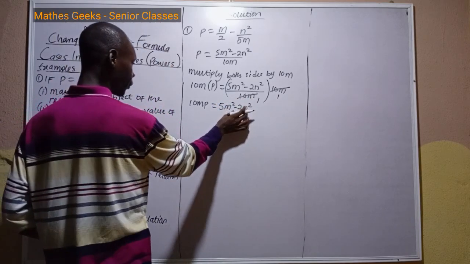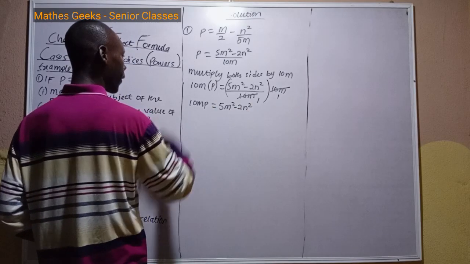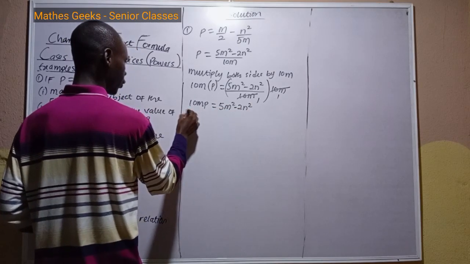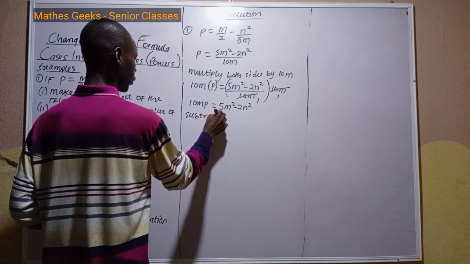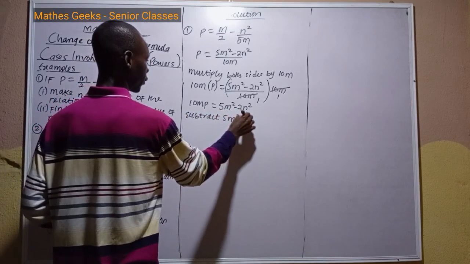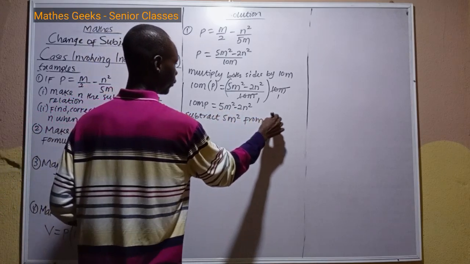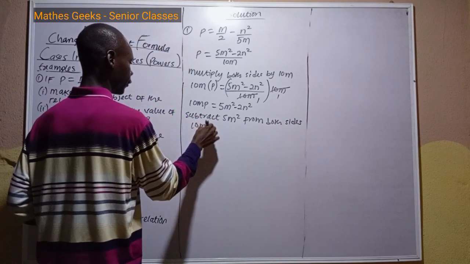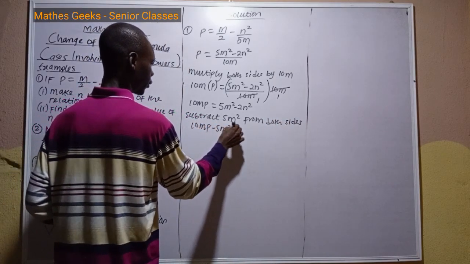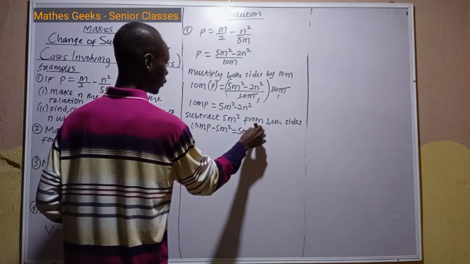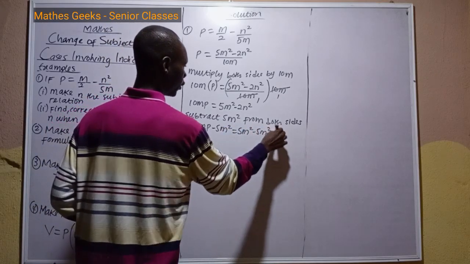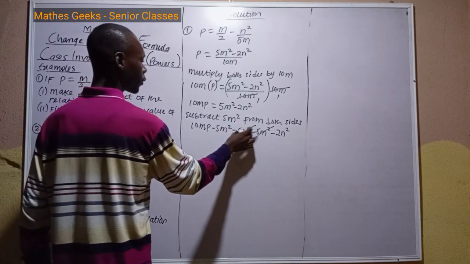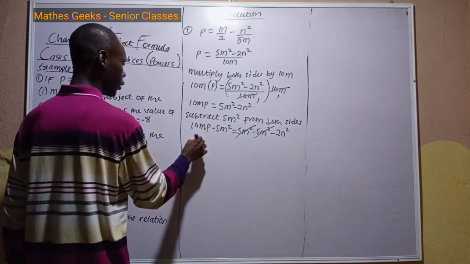Now subtract 5n squared from both sides: 10n p minus 5n squared equals 5n squared minus 5n squared minus 2n squared. Plus 5n squared minus 5n squared will be 0, so this will cancel.